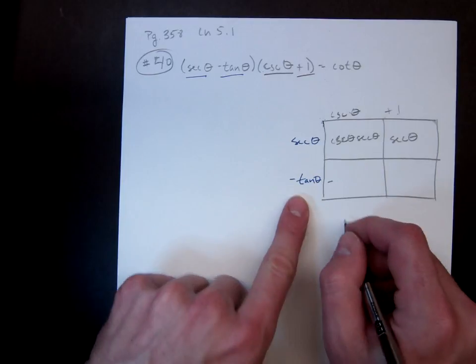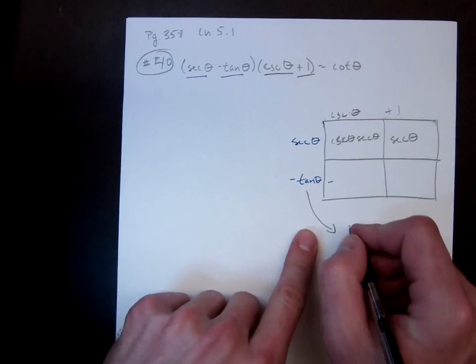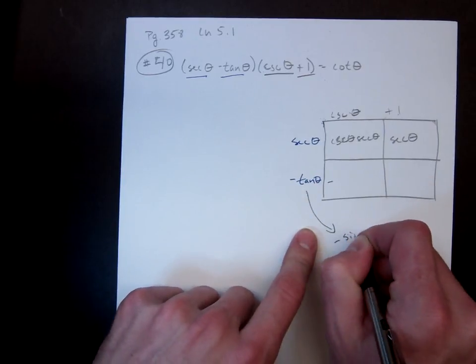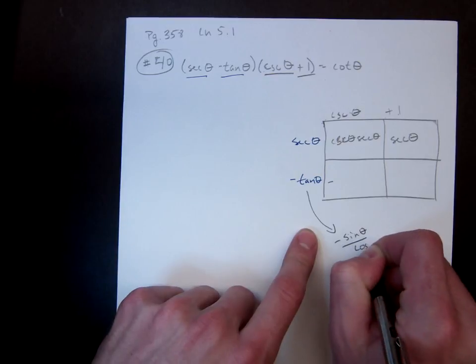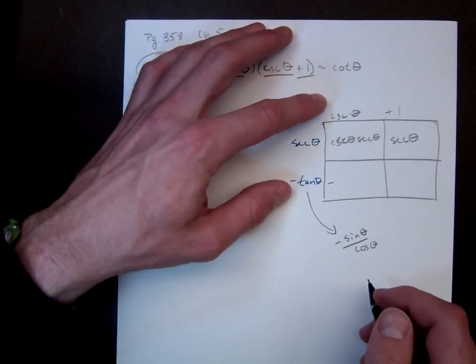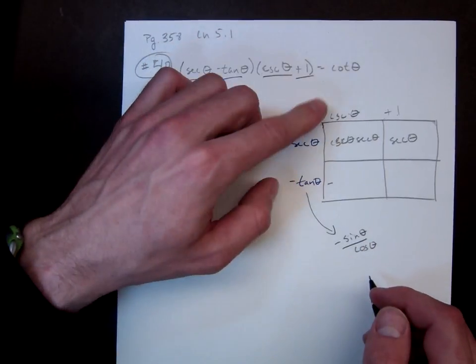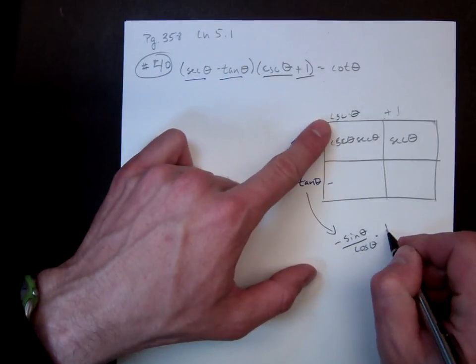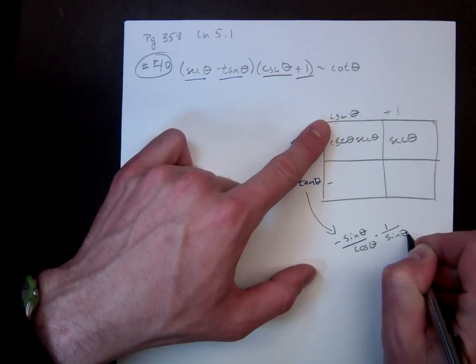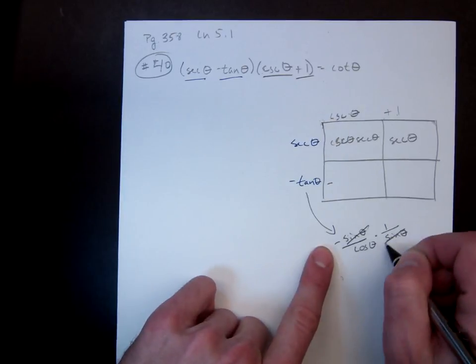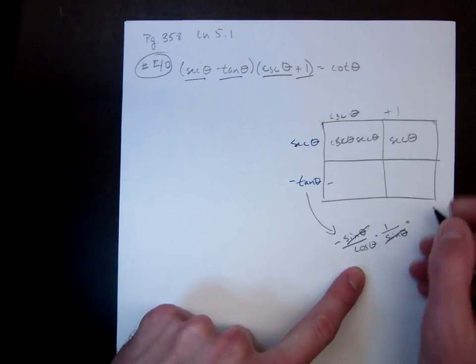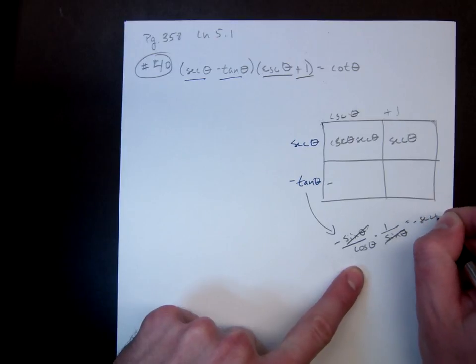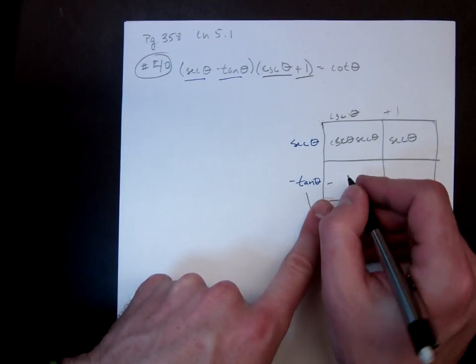I know that tangent can be rewritten as sine over cosine. I said I wasn't going to do this, but I'm noticing that I have sine over cosine and a cosecant, which can be rewritten as 1 over sine. And so I can cancel these out, which just leaves me with negative secant. And that's what I'm going to put here.